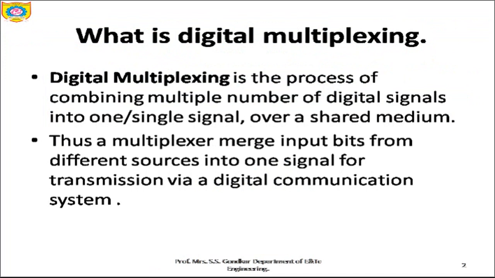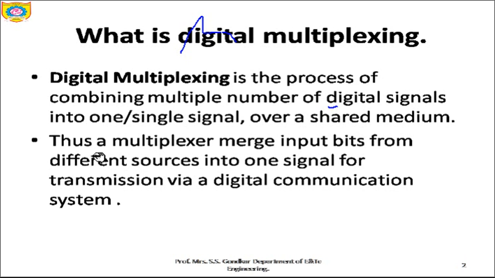So what is digital multiplexing? Digital multiplexing is the process of combining multiple digital signals into a single signal over a shared medium. Here, as it is a digital multiplexer, the input will be digital signals, and all these inputs will be combined on a single channel.